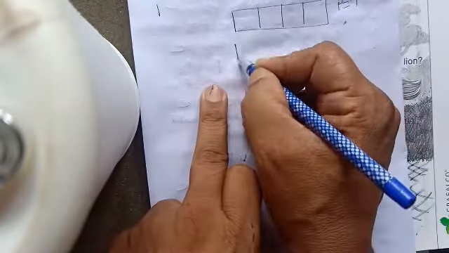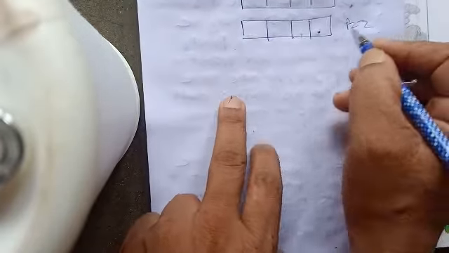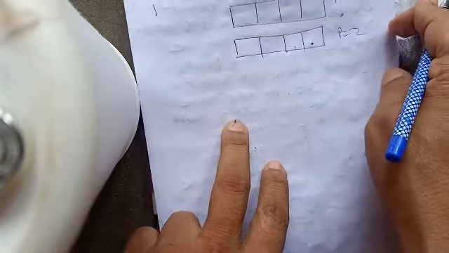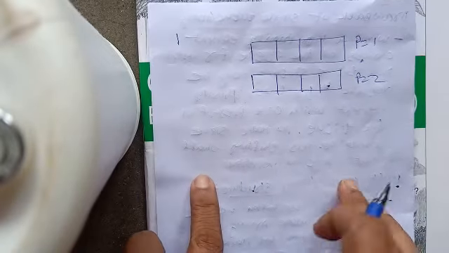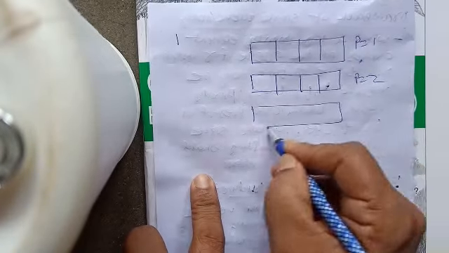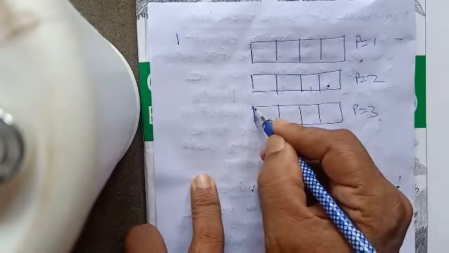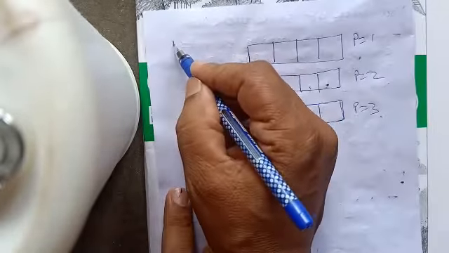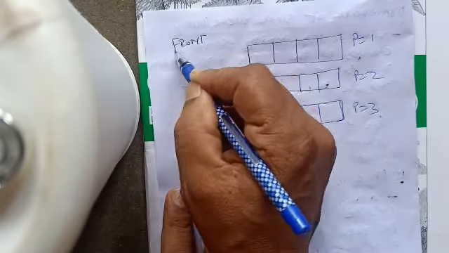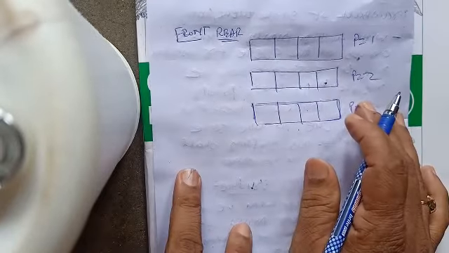Now we have another queue whose priority value is 2, and one more queue having priority value 3. So these are the 3 queues. For each queue we maintain a front and a rear, and every queue is a circular queue.